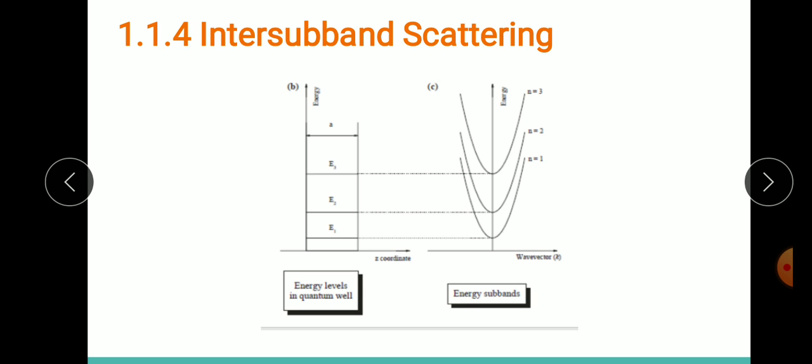Either it can undergo an intra-band scattering within the energy level E2, within the same subband, or else there can be an interband scattering between the n equal to 2 energy level and the n equal to 1 energy level.